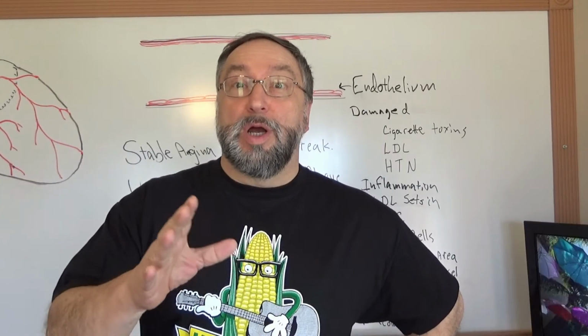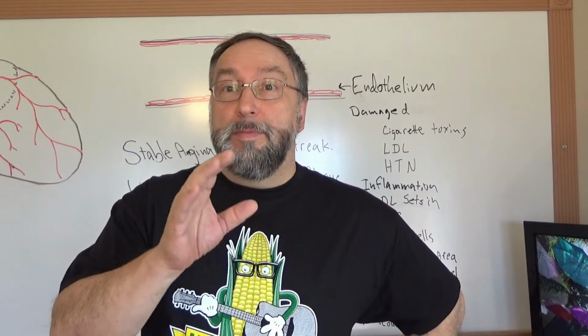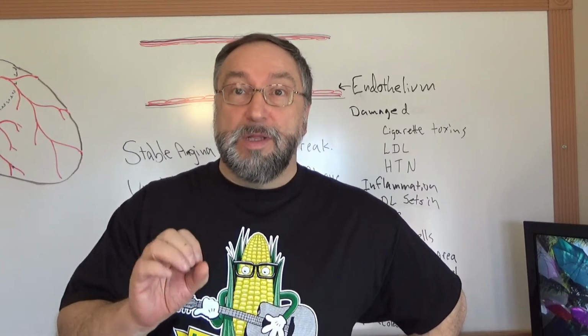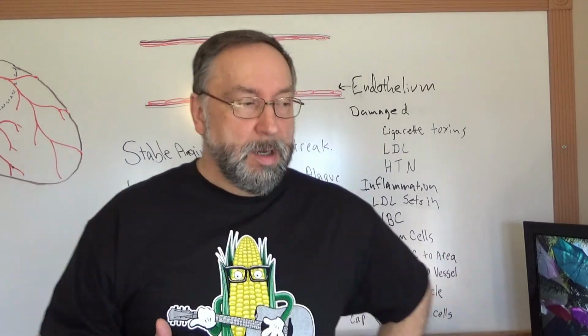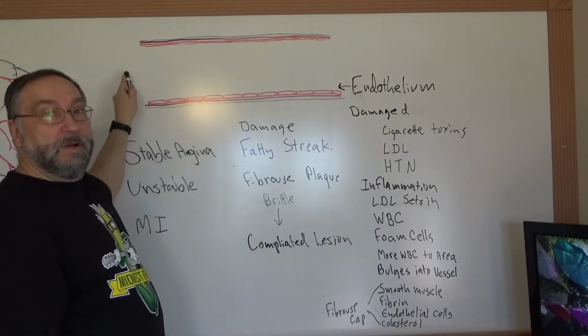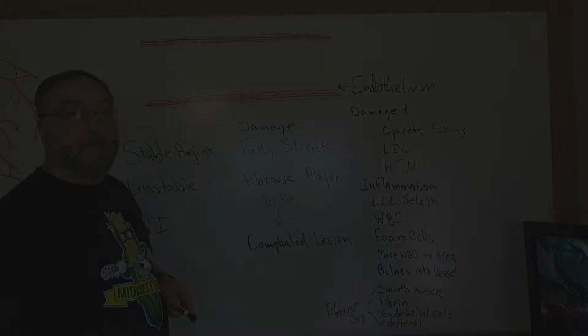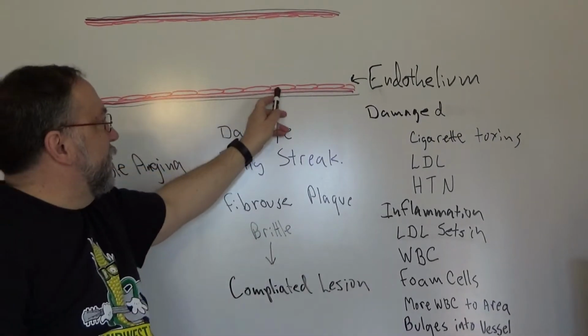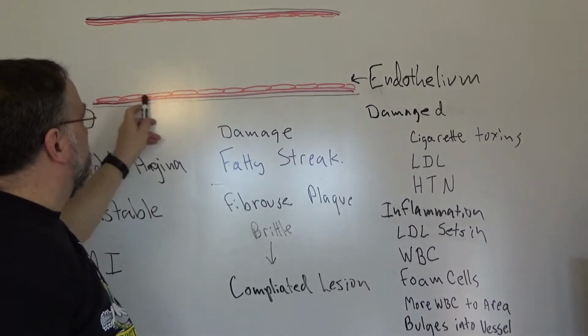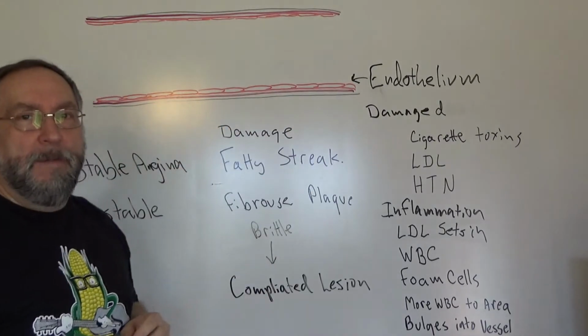Okay, so now we're going to talk a little bit about the process of how this develops, how you end up with these narrowing vessels or clots in the vessels. I've got drawn here a coronary vessel. These cells here are the endothelial cells, the endothelium, the inner lining of the vessels.